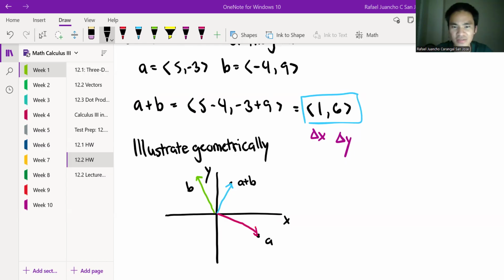So it should start at the tip of vector A. Vector B should go 4 left and 9 up. And then A plus B goes from origin directly to the tip of vector B. Yeah, I did A correctly. A plus B correctly.